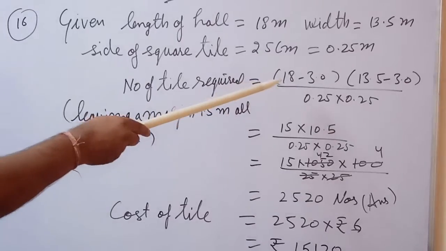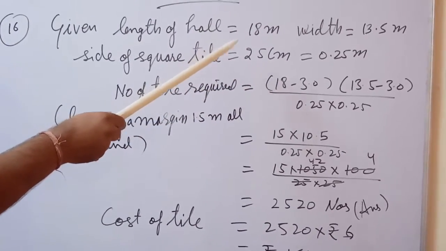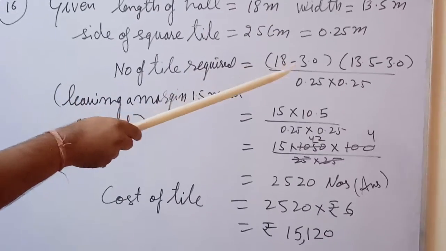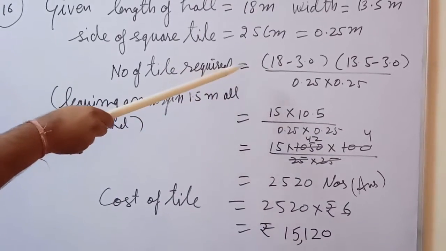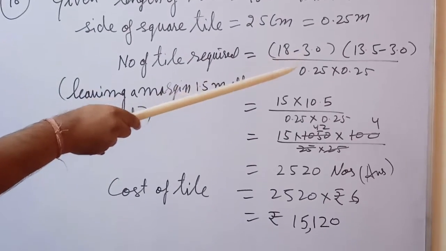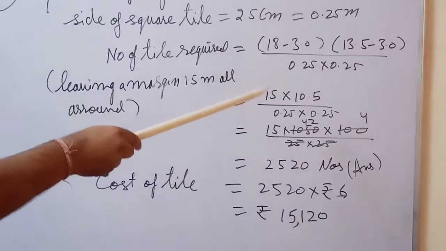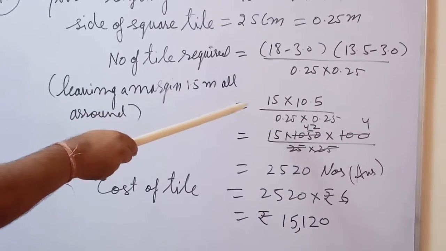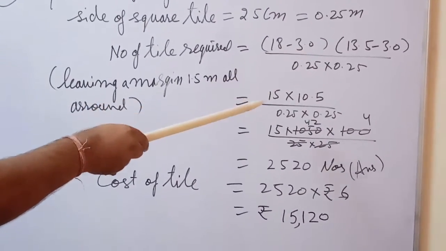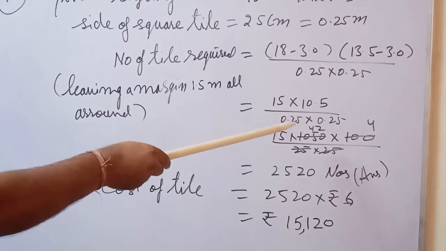That makes 3.0 that we subtract from the length and likewise from the width. So the number of tiles equals 18 minus 3.0 and 13.5 minus 3.0, and the area of the tile is the same as in the last part. So 18 minus 3 gives 15, and 13.5 minus 3 gives 10.5, upon 0.25 into 0.25.